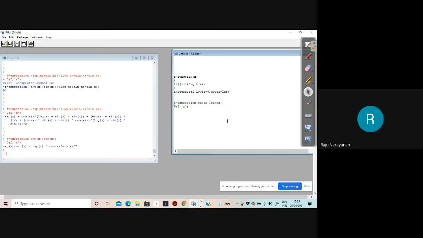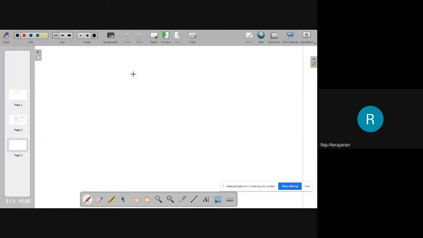Okay, e raised to x by sin x minus e raised to x into cos x by sin square x. The derivative is sin x into e raised to x minus e raised to x into cos x divided by sin square x.